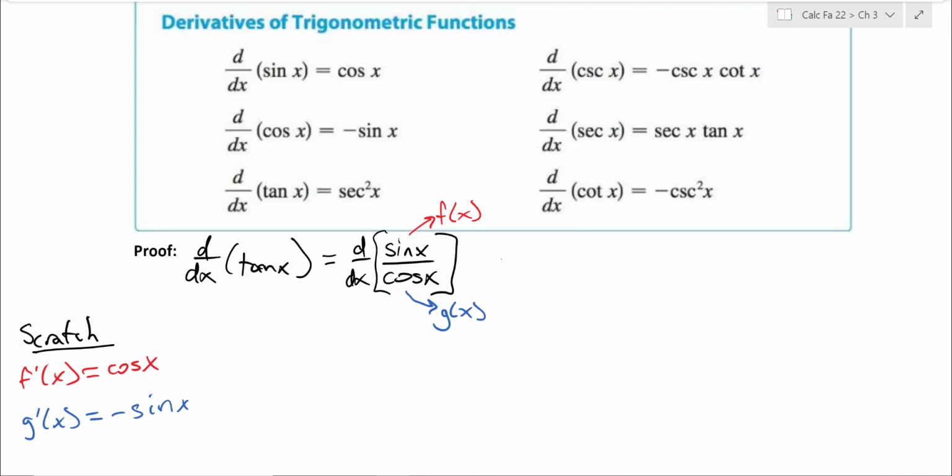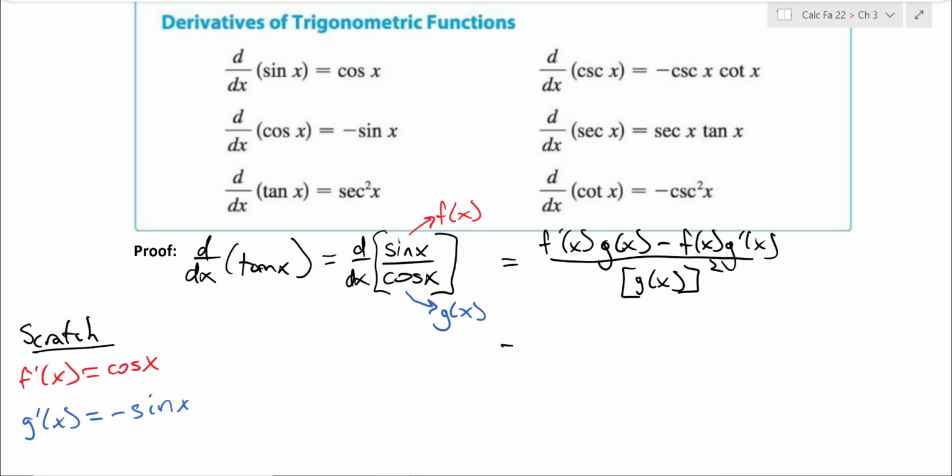And then when we do our derivative, we're going to get f prime of x, g of x minus f of x times g prime of x, all over g of x quantity squared, and then fill in everything.